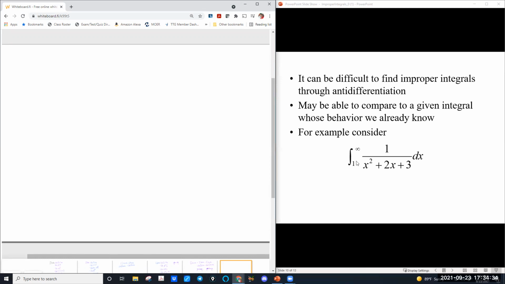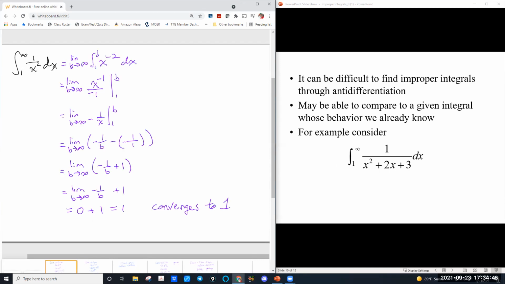For example, the integral from 1 to infinity of 1 over x squared plus 2x plus 3 dx. This is not as easy as the one that we worked earlier. But we know that these should behave similarly because x squared is the lead term.